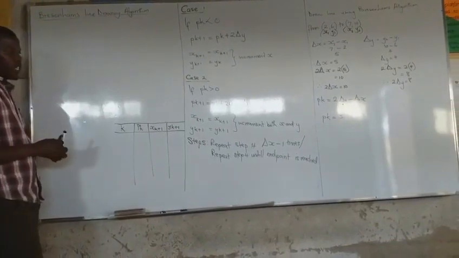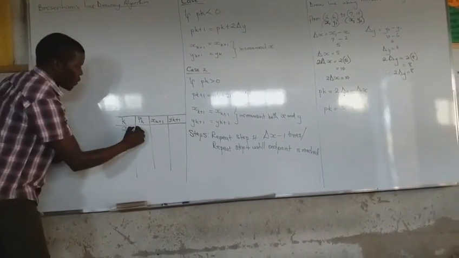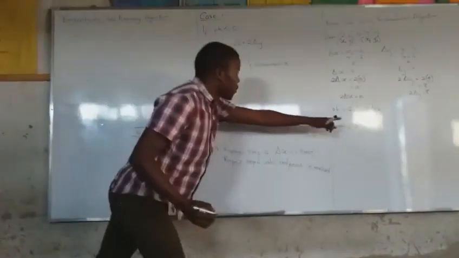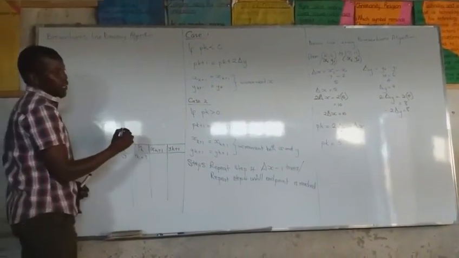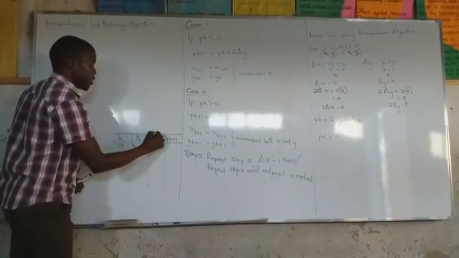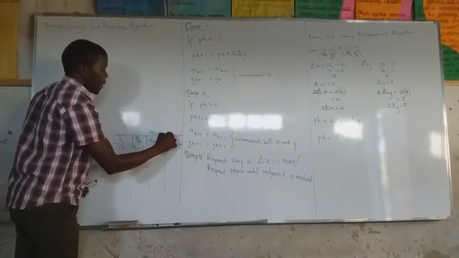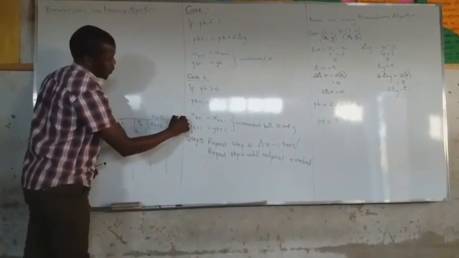So at k naught, we have p k naught, which is equal to 3. And our current value for x, that is xk, is equal to 2 here. yk is equal to 6.